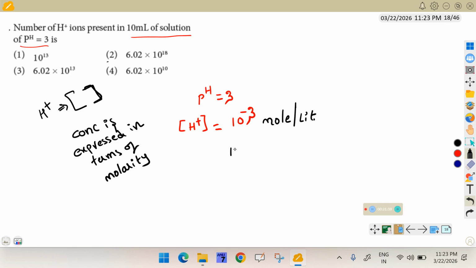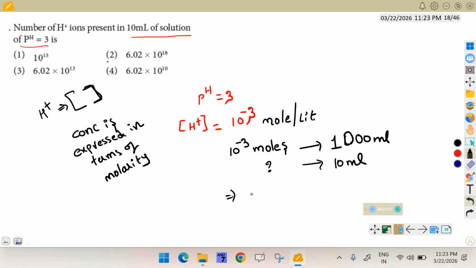That means 10 power minus 3 moles in 1 liter of the solution. 1 liter means how many ml? 1000 ml of the solution. Then for 10 ml of the solution, how many moles are required? 10 into 10 power minus 3 by 1000. Simplify. Then you will get 10 power minus 5 moles.